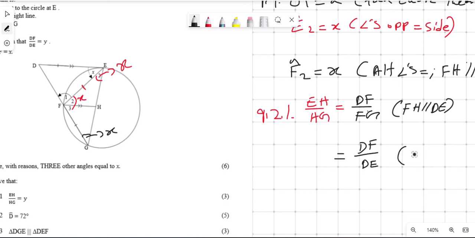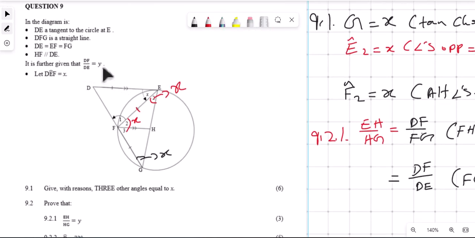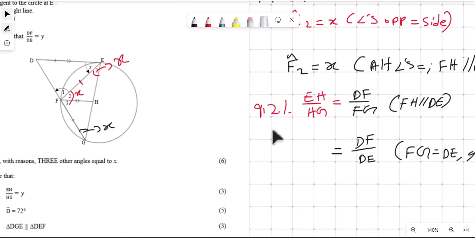Since FG is equal to DE, and this is given, it's not from any theorem. So DF over DE is equal to what?